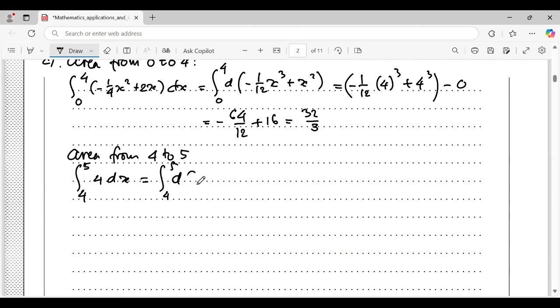We're going to find the integral first: 4x. It becomes 4 times 5 minus 4 multiplied by 4, 20 minus 16, it is 4. And the next area.